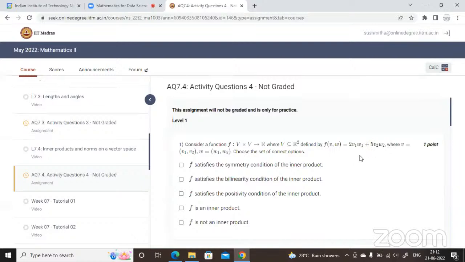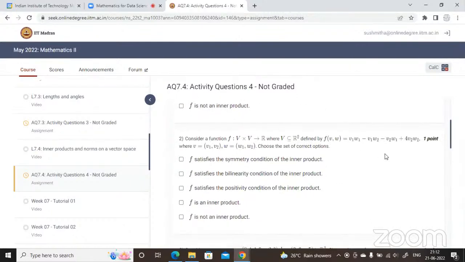Now you cannot say otherwise, because those 3 points are not a problem here. Now you should verify each condition for this, and you will ultimately see that it is an inner product. Everything will be satisfied, and hence it will be an inner product.